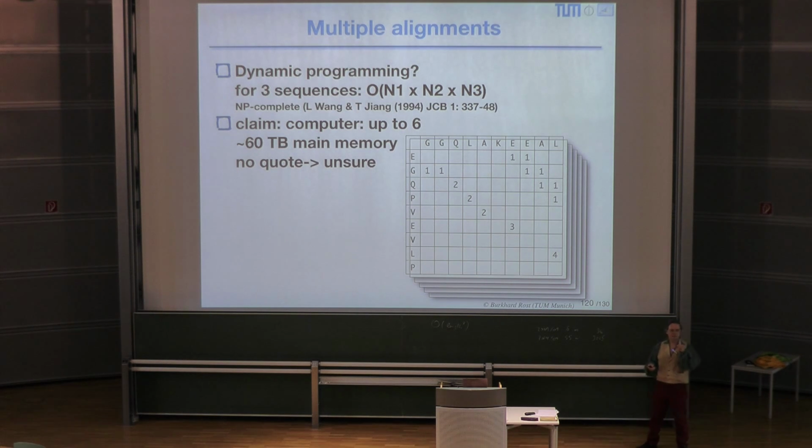So for one set of proteins, so for 6 proteins of 300 residues, this would need a computer with 60 terabyte of main memory. And would take a long, long time. So depending on where you're from or how you look at the world, you may call that solution found or undoable.